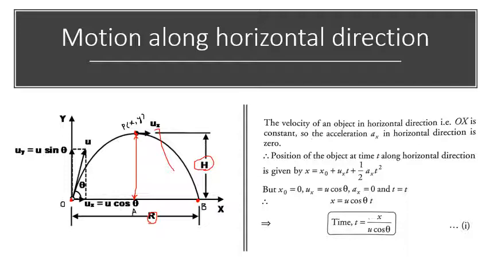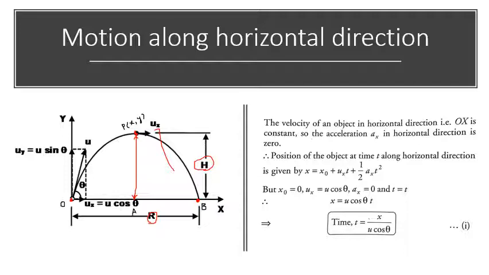First we are going to see motion along the horizontal direction, that is along OX. The velocity of an object in the horizontal direction is constant, as I told you. So the acceleration ax is 0. Acceleration also has two components, ax and ay, along the X direction and along the Y direction. This ax is 0 because the velocity is constant throughout.